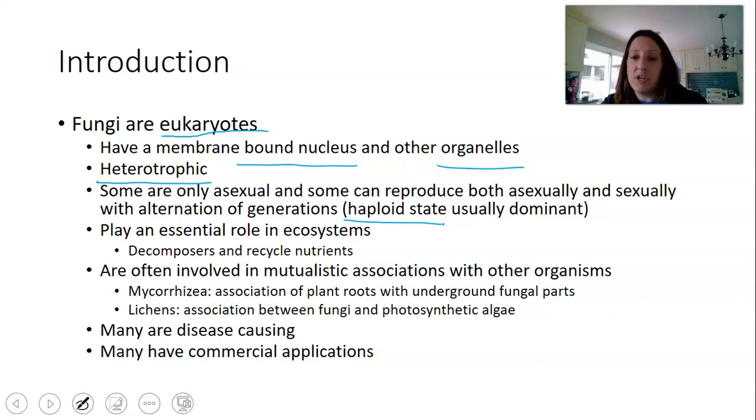Well, in fungi, that's not the case. Instead, they only inherit 1 allele for every gene, and that 1 allele gets expressed. So in lab next week, when we start to look at fungal genetics, we're going to study spore color. Spore color is actually controlled by 2 genes.